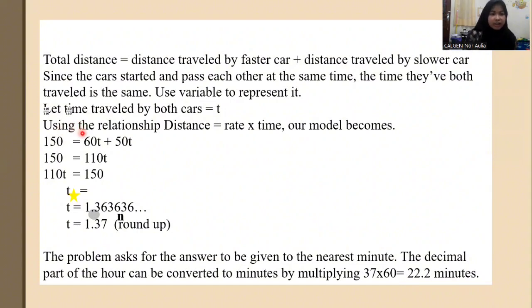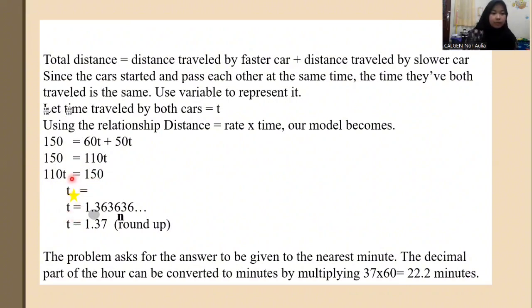Using the relationship distance equals rate times time, our model becomes 150 equals 60t plus 50t. 60 plus 50 is 110, so 110t equals 150.